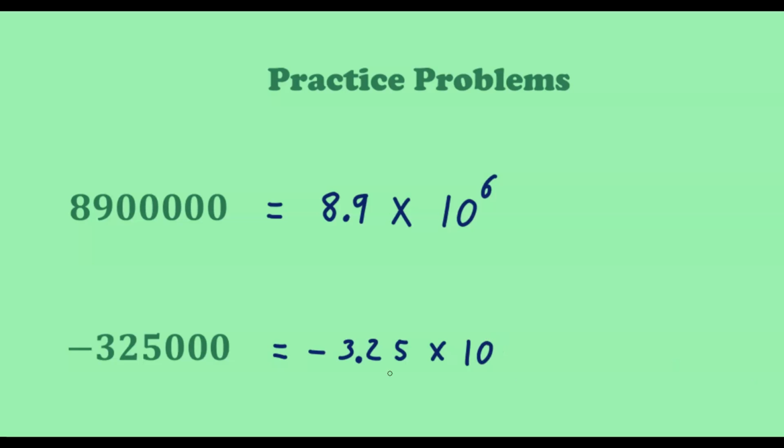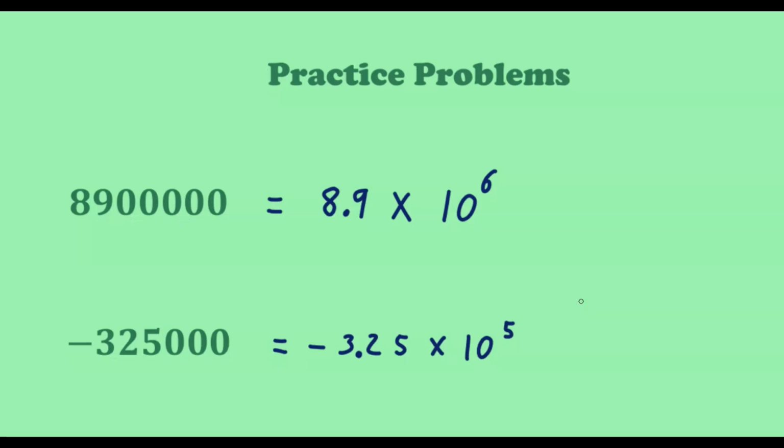Now, what is that something? So the place right after the first non-zero digit is over here. And let's see how many digits we need to jump to make it to the end. So we have to jump 1 place, then 2, then 3, then 4, then 5. So we need to jump a total of 5 places. So we will have 10 to the power of 5. So the number written in scientific notation will be negative 3.25 times 10 to the power of 5.